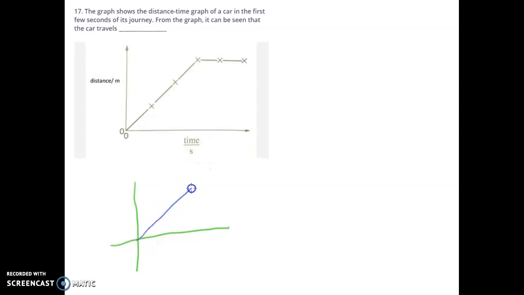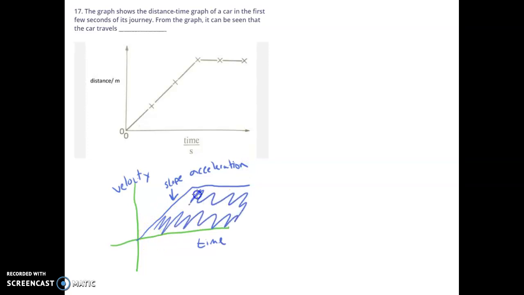we had this car and I wrote time here and I wrote velocity here, then indeed this slope here would be acceleration, and this area here would be distance.